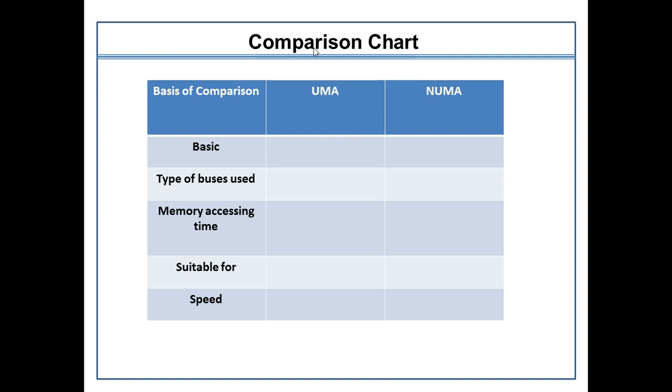Now, there is a comparison between the two, right? So far we have learned about UMA, the uniform memory access, and similarly NUMA, the non-uniform memory access based systems. Generally it is asked how you compare the two. If I talk about the basics of what we have learned, in UMA only a single memory controller is used.